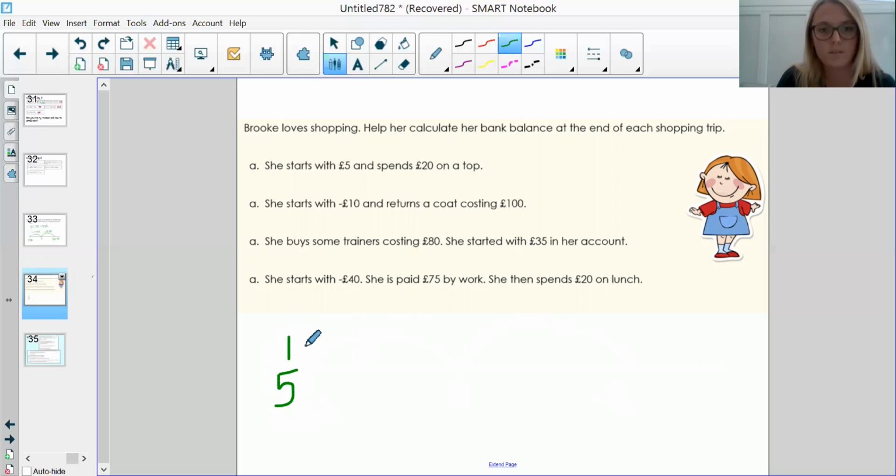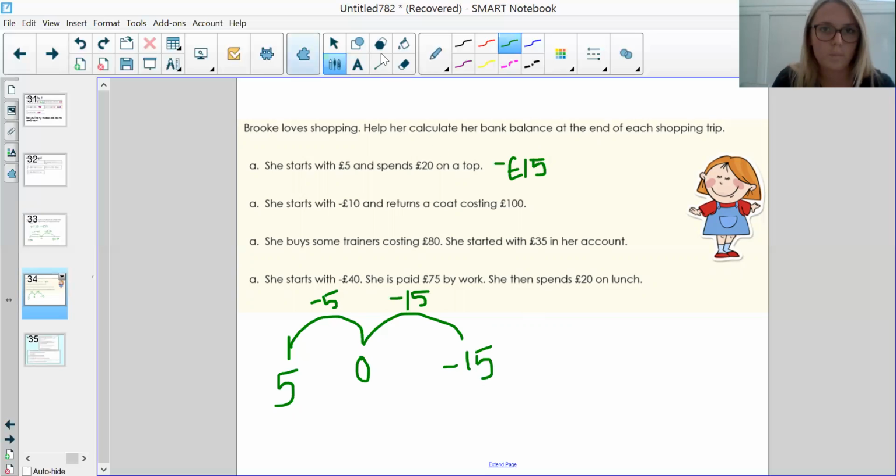To get to 0, we are taking away 5. Out of £20, we spent £5. We've jumped £5, so we've got £15 left to subtract from her bank balance. So she will end up with a balance of minus £15. That would have been what she ended up with on this shopping trip.